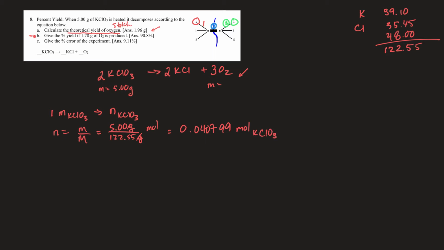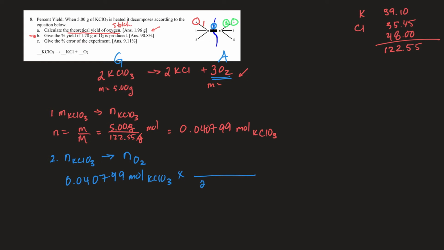Step 2, I've got to take the moles of KClO3, which I just got, and convert that to moles of oxygen. That's what's being asked. So I write down what I have, 0.04799 moles of KClO3 multiplied by my ratio.